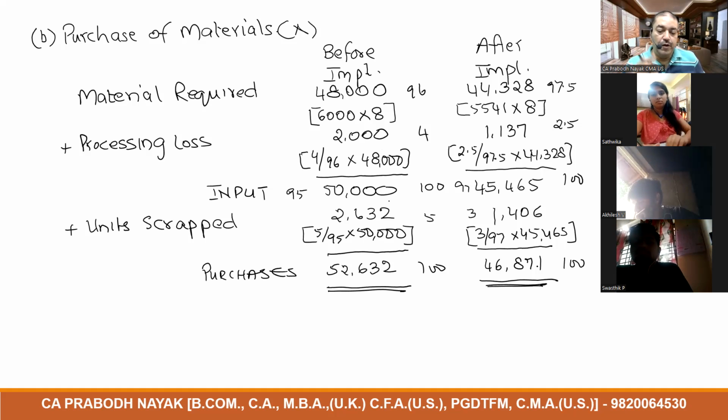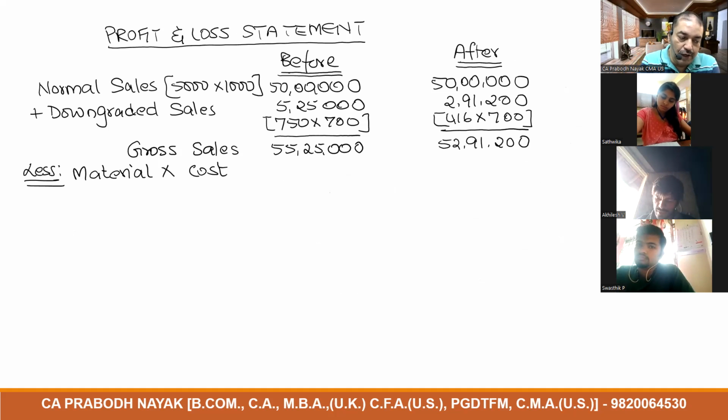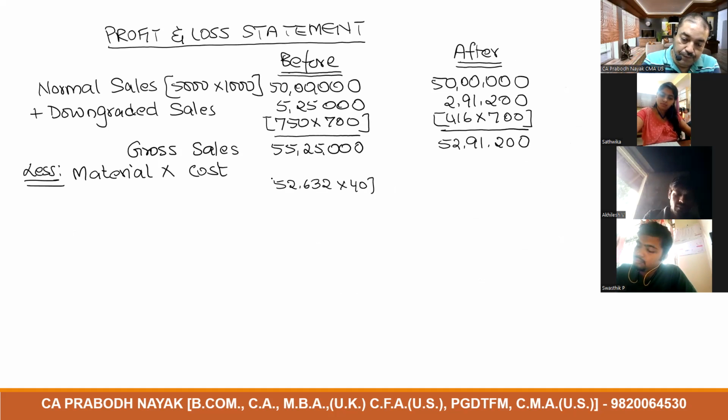So 52,632 into 40, 46,871 into 40. Shall we do it? 52,632 into 40 is ₹21,05,280.